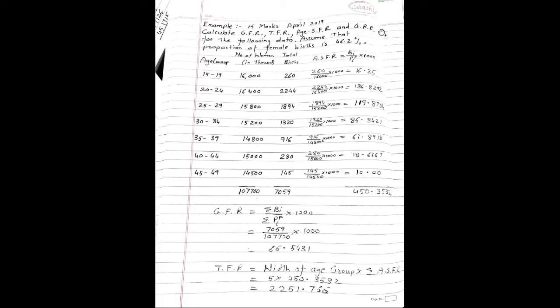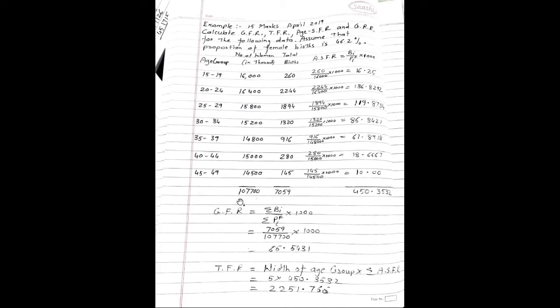Now as we have to calculate GFR, TFR, age specific FR already we have calculated, then for GRR, we need to take the total of women population as well as total births. So we will find the total women value 16,000 plus 16,400 plus 15,800 plus 15,200 plus 14,800 plus 15,000 plus 14,500.